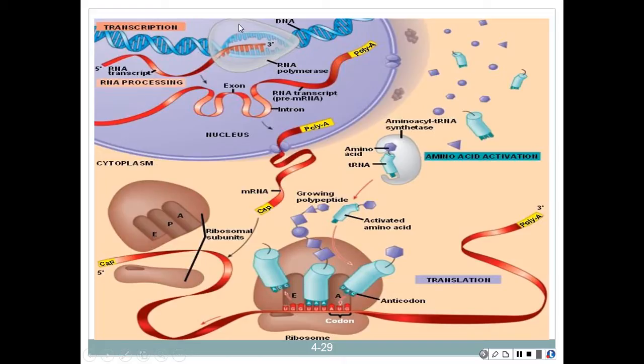Now we have our RNA polymerase, which is an enzyme that's going to bind to the DNA and start assembling this RNA strand. Now, certain DNA sequences, such as our TA, are going to instruct this RNA polymerase where to begin.